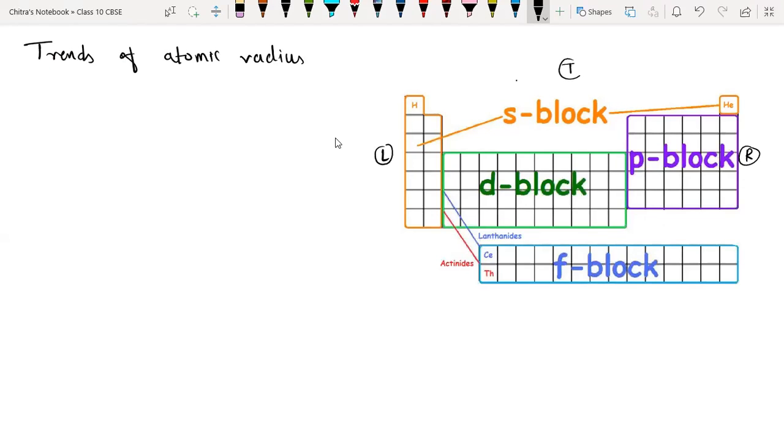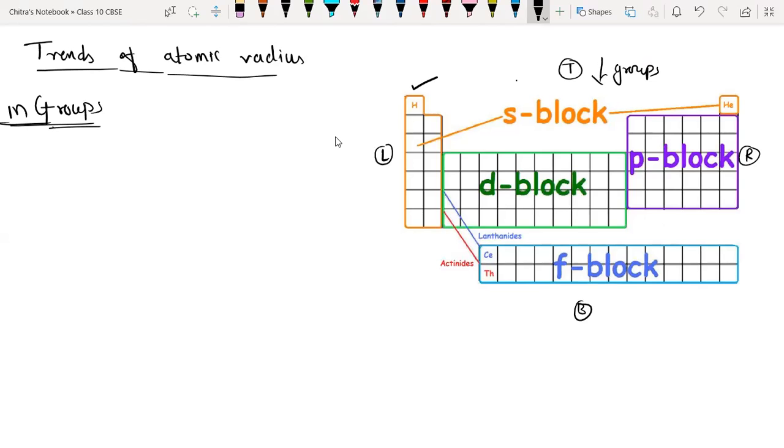Here we have the top, and here we have the bottom. First we will understand the trend of atomic radius in groups. I'm writing here the trend of atomic radius first in groups.